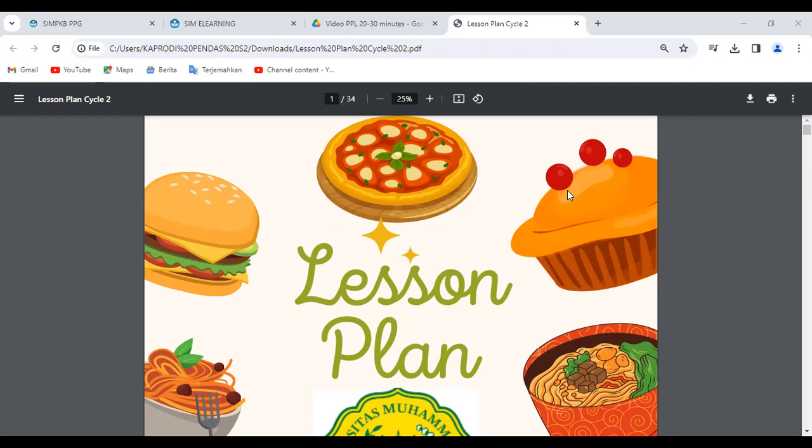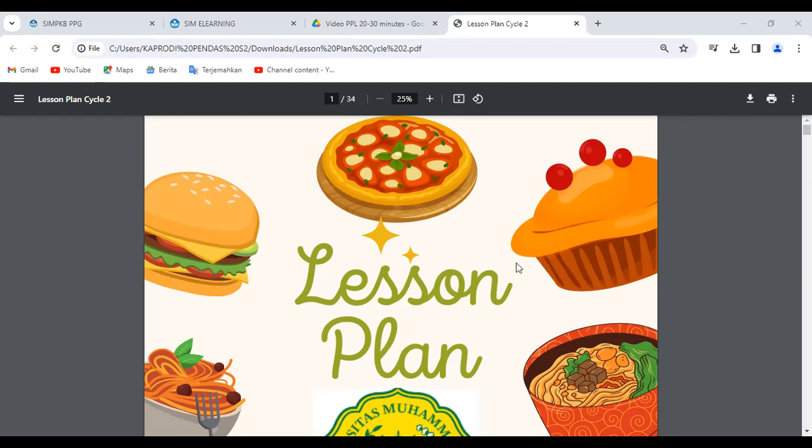Second, learning material or learning resources. The next one will be the learning media. That is the third. The fourth one will be the student worksheets. And the last one will be the assessment instruments. Okay, everyone, those are the 5 files that you are going to make.